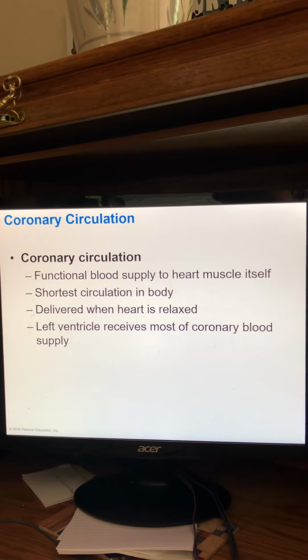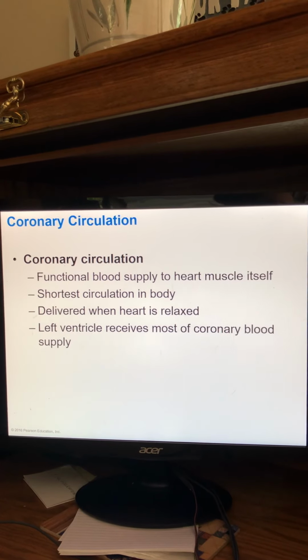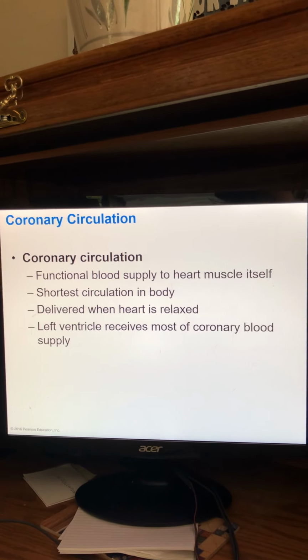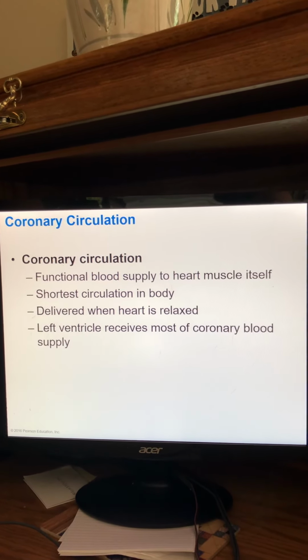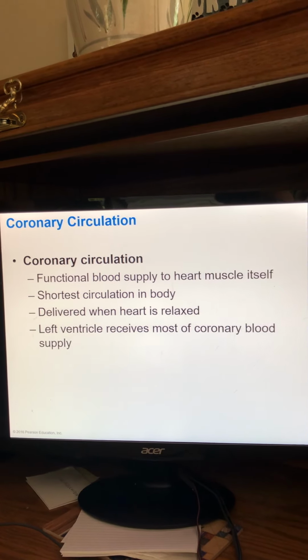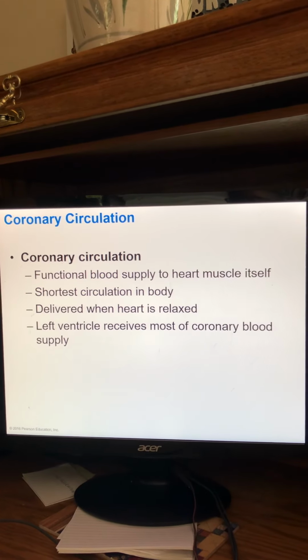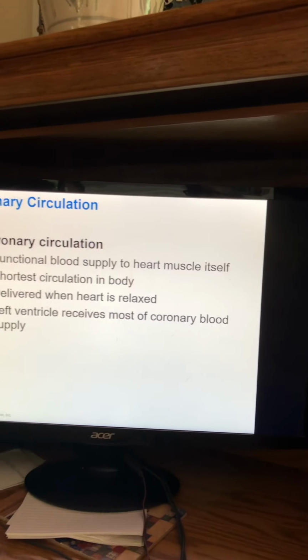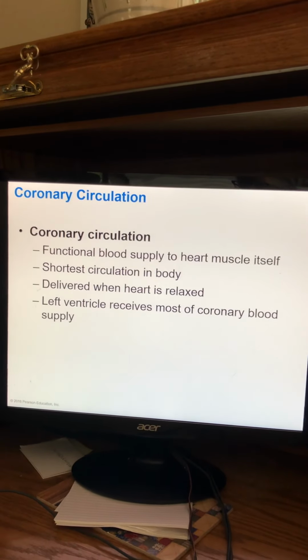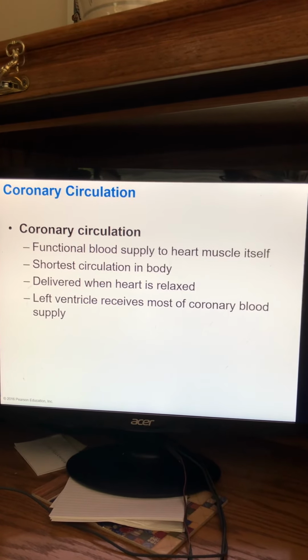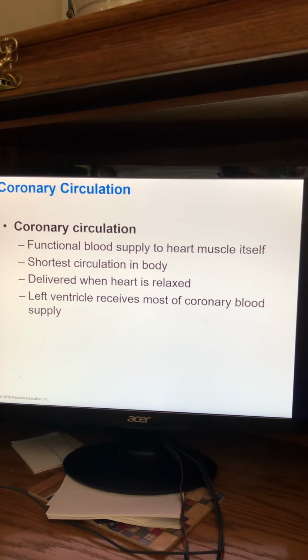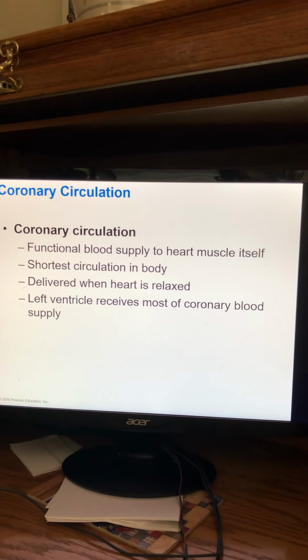So if we want to talk about Ben one more time, Ben dumped off oxygen at my little toe. He's now got to make it all the way back to the right atrium, through the tricuspid valve, into the right ventricle, through the pulmonary valve, into the pulmonary trunk, into the pulmonary arteries, into one lung or the other, picking up oxygen.